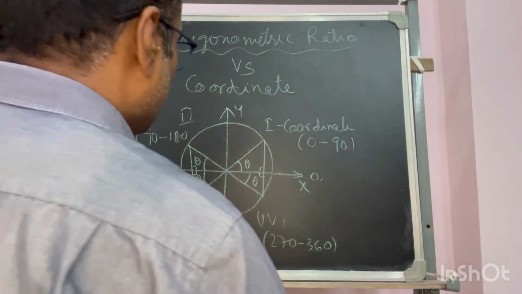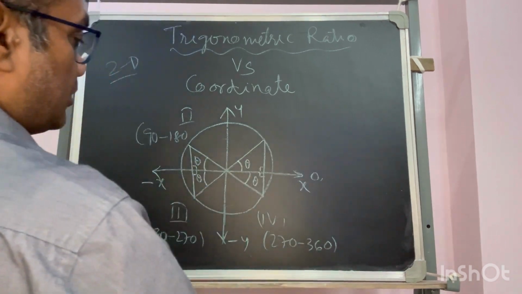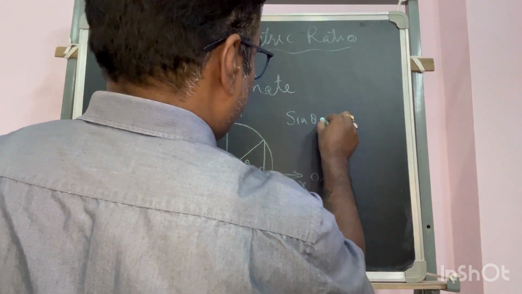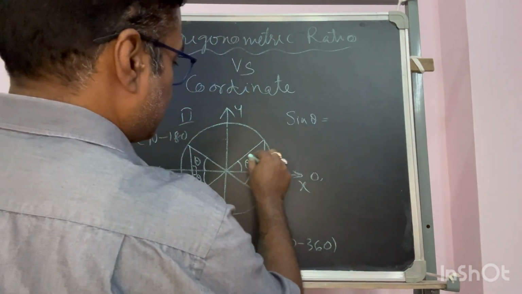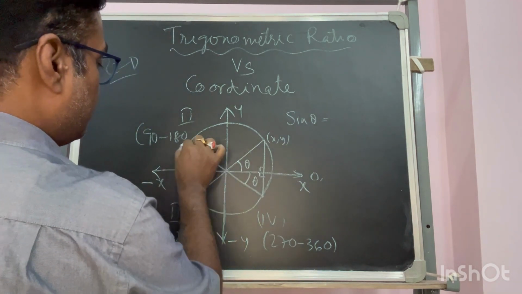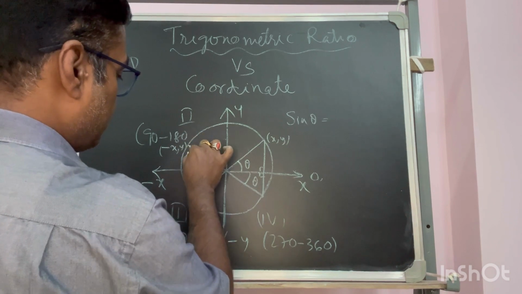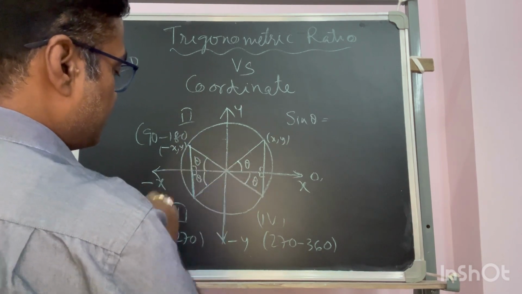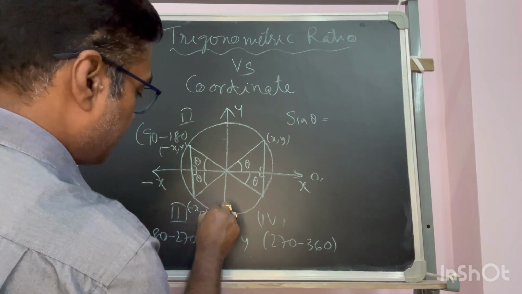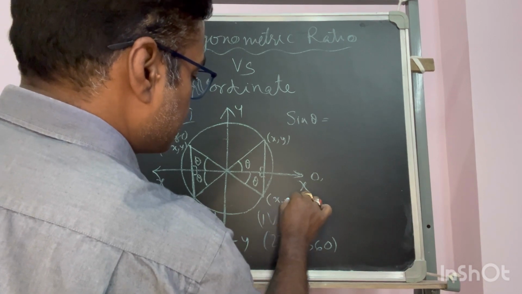So now we will consider the case of first coordinate, the ratios. If I take sine of theta, this will give how much? Now I am taking coordinate x and y, so respective coordinate here it will be minus x and y, because theta is making, so this vertical will be same and respective x will be same. In that coordinate it will change here as minus x minus y, and this coordinate will be minus x minus y.